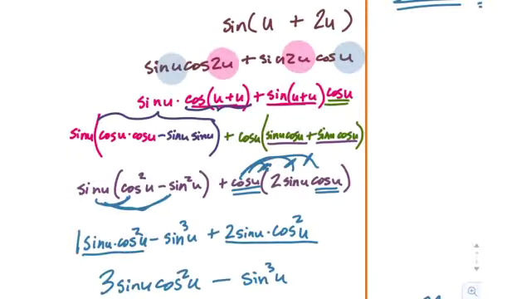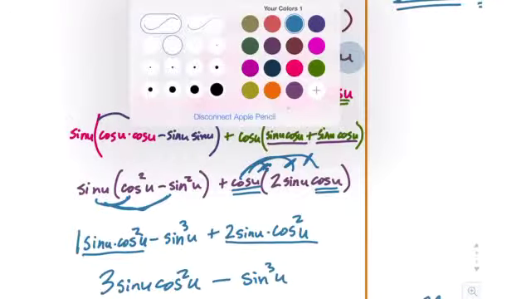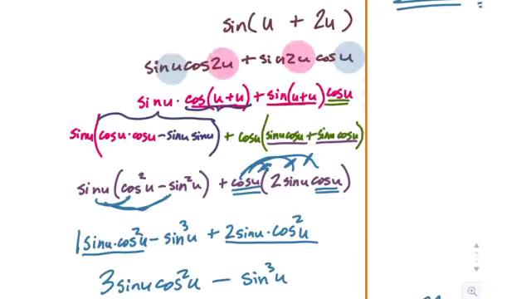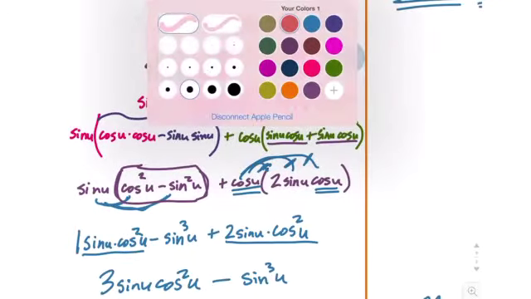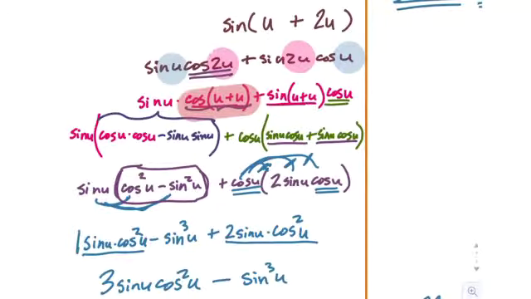Now in the next section, we're going to be learning the double angle identities because they show up quite a bit. So if you ever have cosine of 2u, we're just going to start calling it cosine squared u minus sine squared of u. Okay, we're just going to memorize that that equals this.